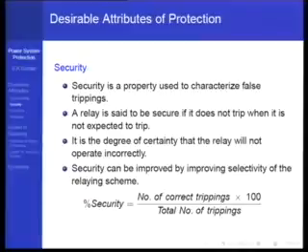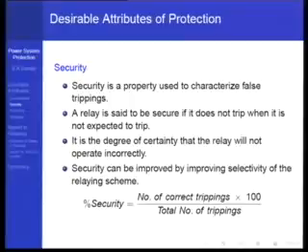A relay is said to be secure if it does not trip when it is not expected to trip. Is that clear? That is also equally important. You don't want to take a medicine when it is not expected of you, because you were wrongly diagnosed for something and given a wrong medicine. That's not what you want, right? That's the kind of situation here.